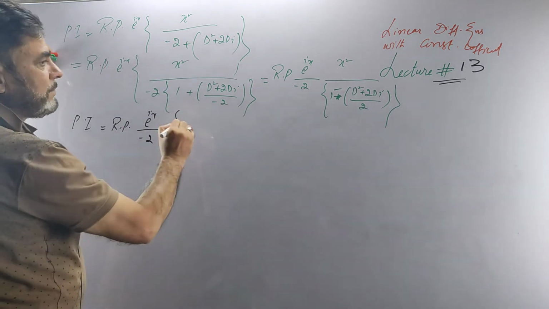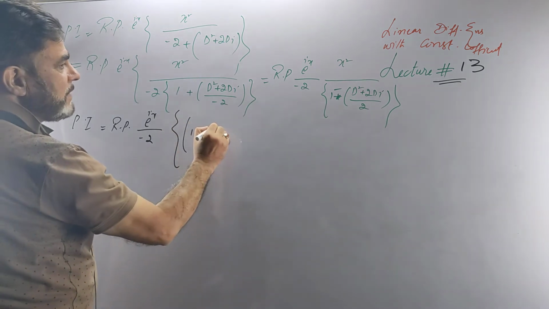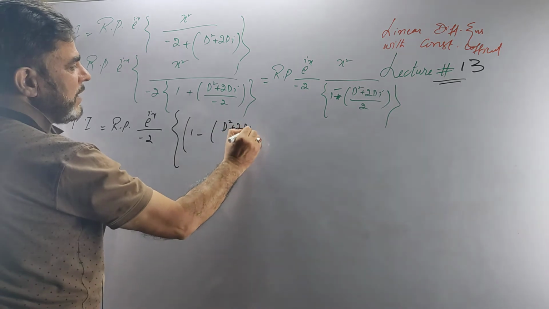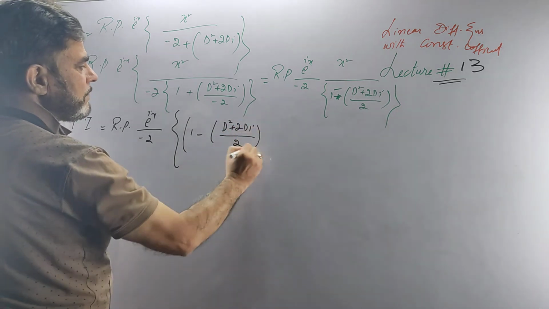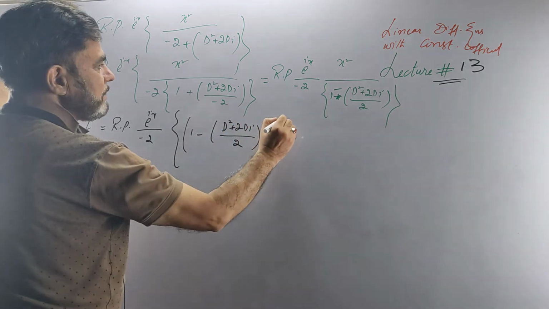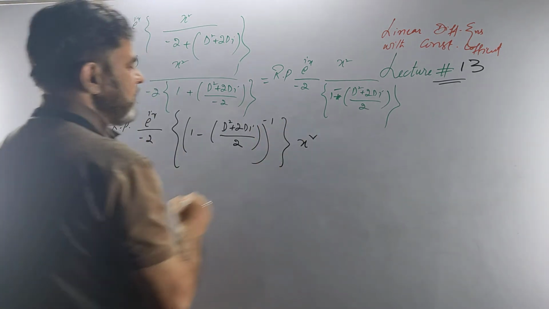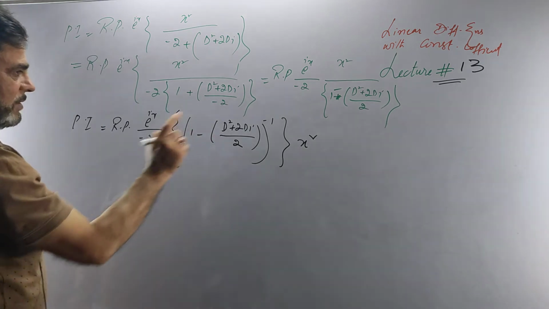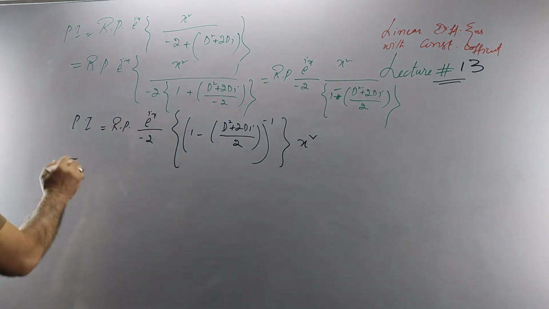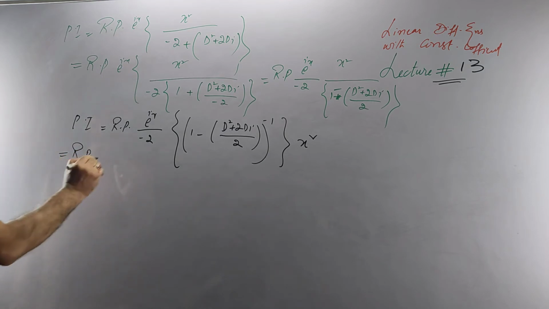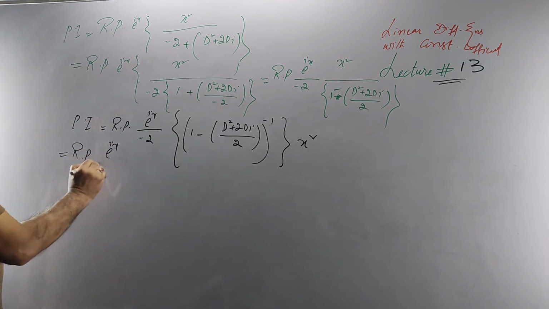This is your 1 minus D square plus 2D iota by 2 raised power minus 1 into x square. Now we have to open it by binomial theorem. You know how we open it by binomial theorem. It is equal to a real part of e raised power iota x by minus 2.